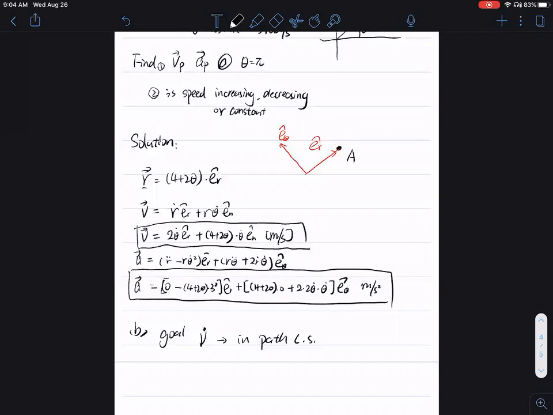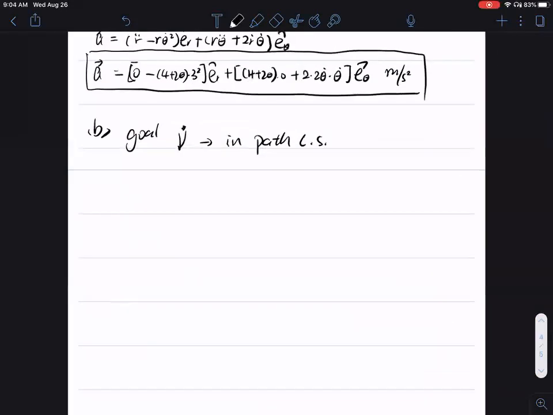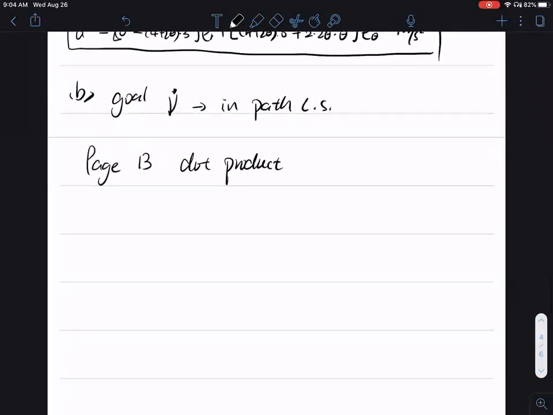Basically, whenever you use the dot product, it projects a vector onto a certain direction. That's what the dot product does.